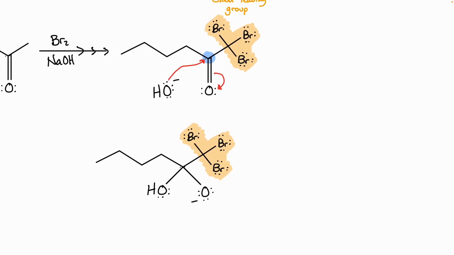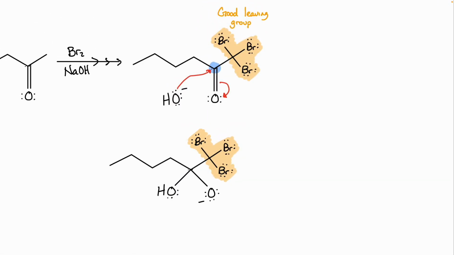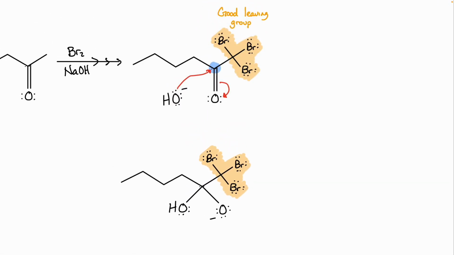But here we have something that we haven't seen before, and we're going to see it a lot going forward. We have this same sort of intermediate we've seen a whole bunch, what we call our tetrahedral intermediate. We call it a tetrahedral intermediate because that carbonyl carbon went from being trigonal planar to tetrahedral. But now our tetrahedral intermediate has something that we haven't seen before, which is this good leaving group.